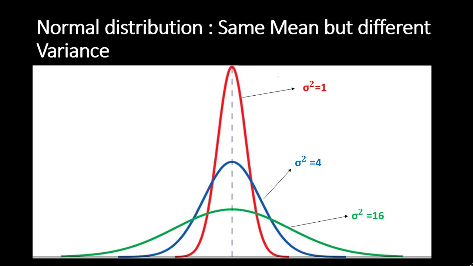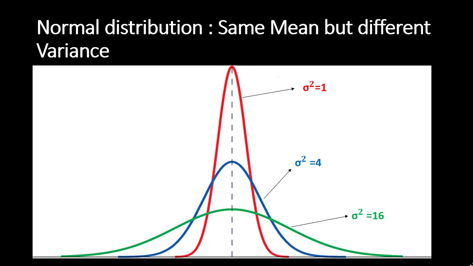The curve is not moving towards the right or the left. The curve is maintaining its position, but the spread of the curve is increasing along with a reduction in the peak of the curve. This is because the variance of the curve is increased.